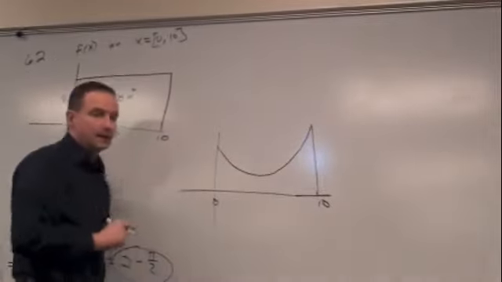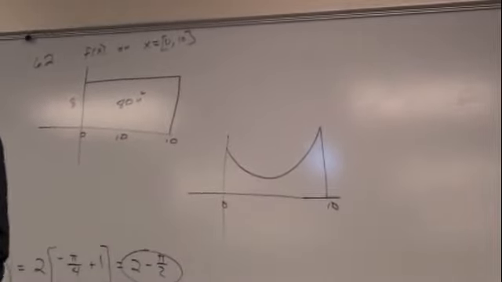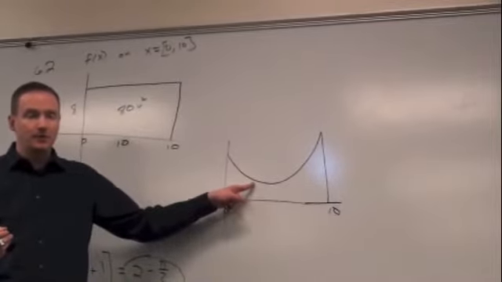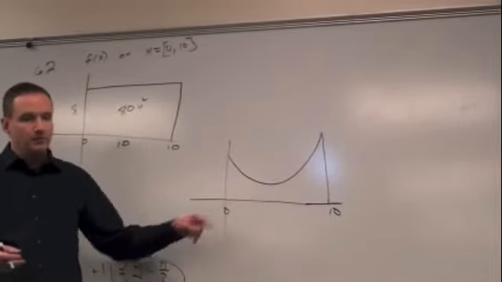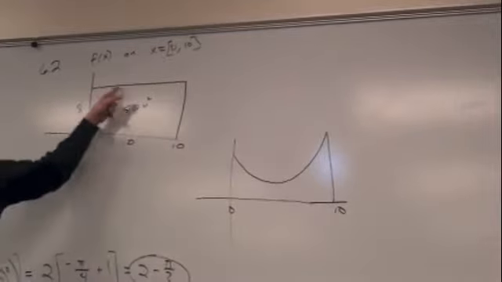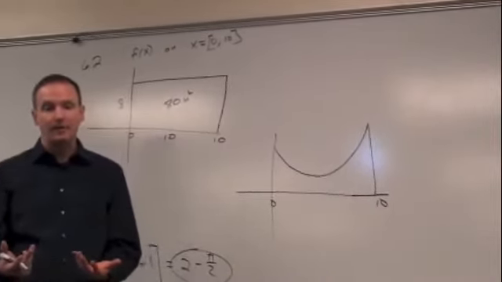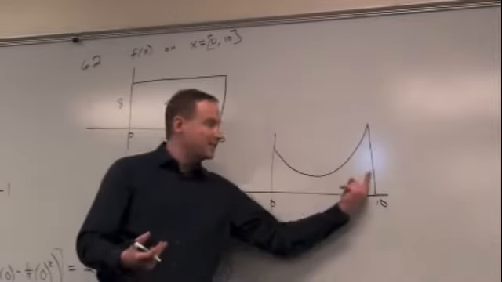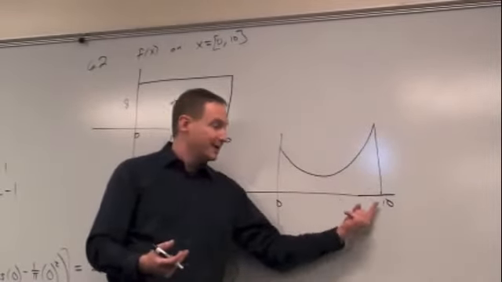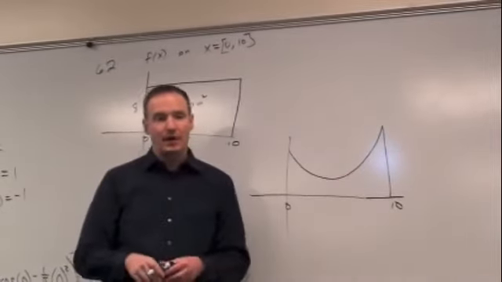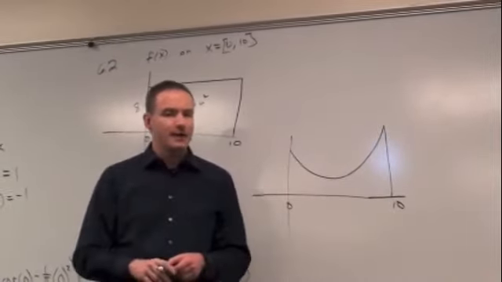Okay. So that same logic applies if I have some function that does this between 0 and 10. If I say, now I want you to find the average height of this function between 0 and 10, well, it's a lot harder than this case because I don't have that constant height. Same principle applies though. If I can find the area under this function, divide it by the width that the function covers, it's going to give me the average y value every single solitary time.